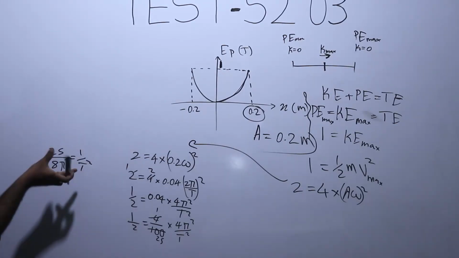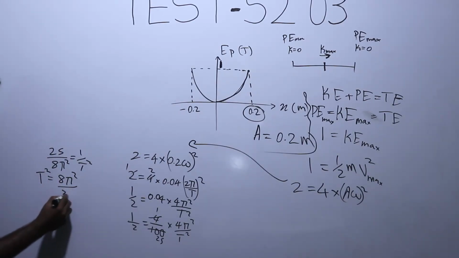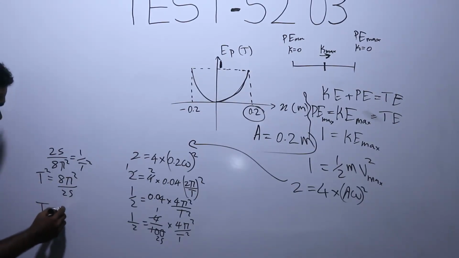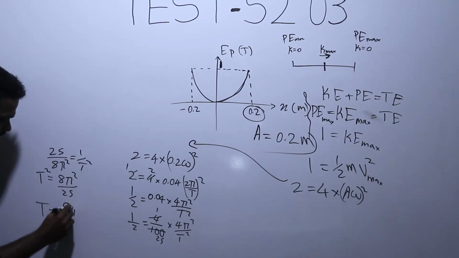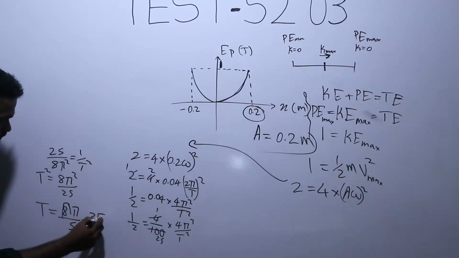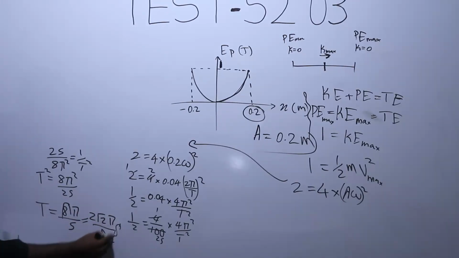If you flip that on both sides, T squared is equal to 8 times 5 squared divided by 25. Then T, take the root from both sides. T is root 8 times 5 divided by 5. So root 8 is 2 root 2, times 5 divided by 5. So this is the time period.